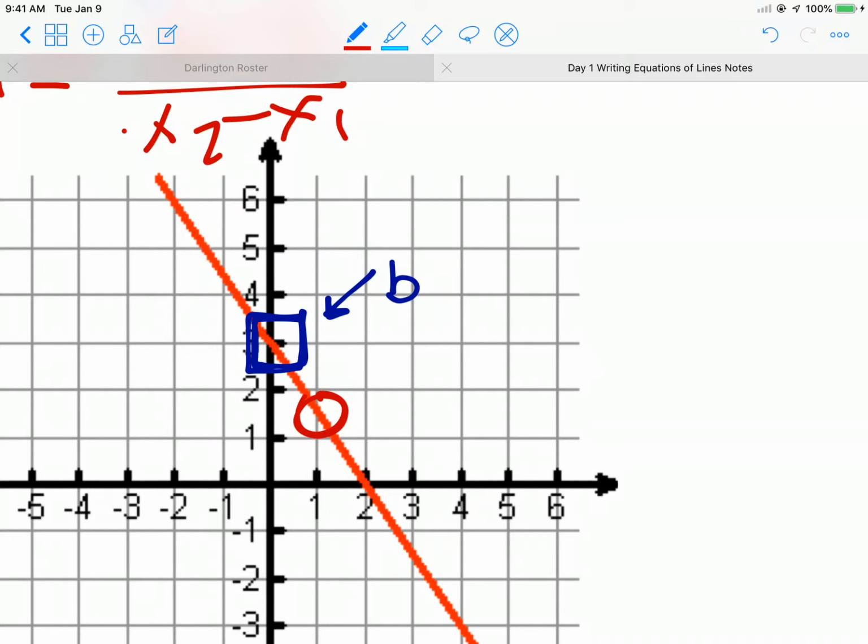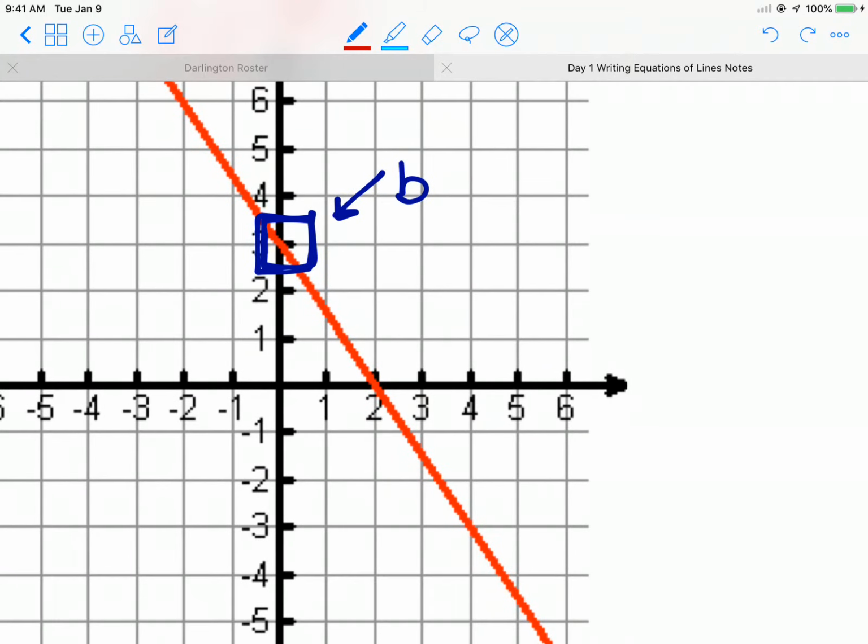We'd have to guesstimate, and I want to be exact. So right here I've got this value, which is (2, 0), and then I have my y-intercept, which was (0, 3). So there are my two good points.